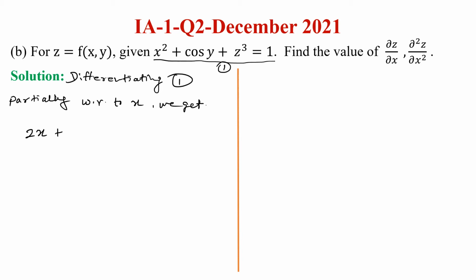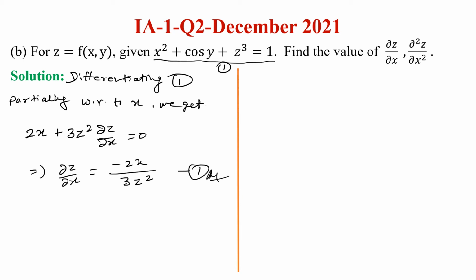So 2x plus z cube, where z is a function of x and y, so we apply the chain rule: 3 z square times del z by del x is equal to 0. Or you can write del z upon del x is equal to minus 2x upon 3z square. So this is your first answer, and this answer is covered.